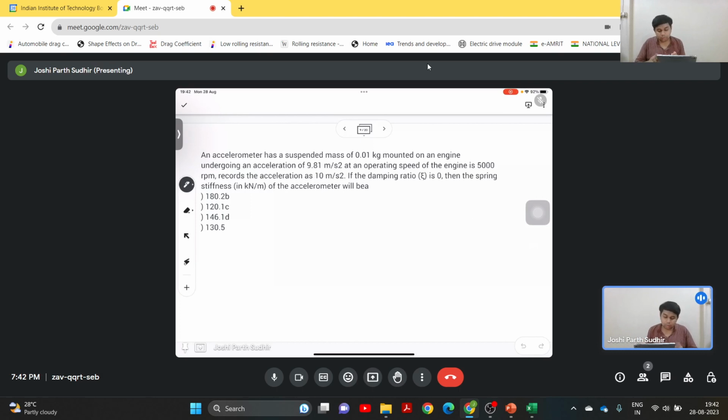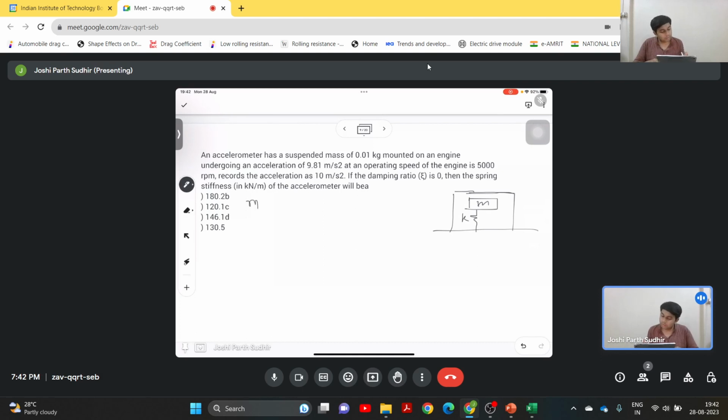If we draw the diagram of this system, let us say there is a small accelerometer mounted on the surface of the engine, which has a small mass m. We have been given that there is no damping, so we can just consider the stiffness only.